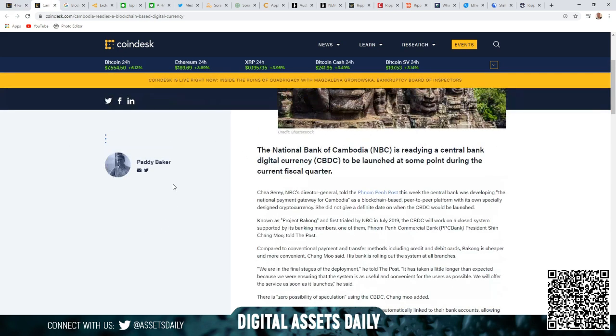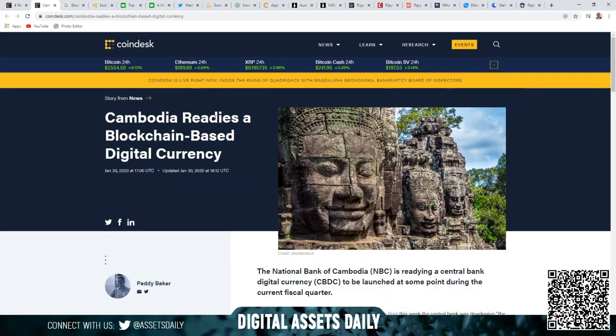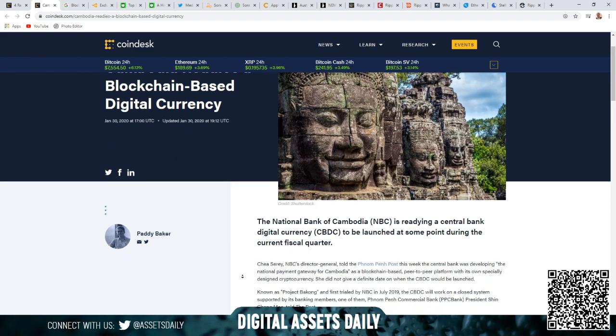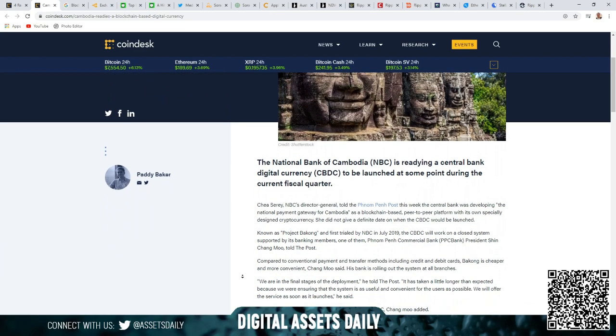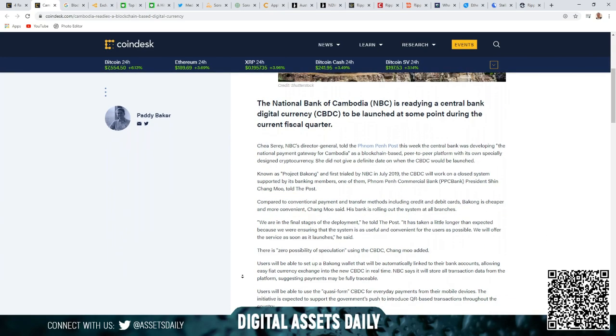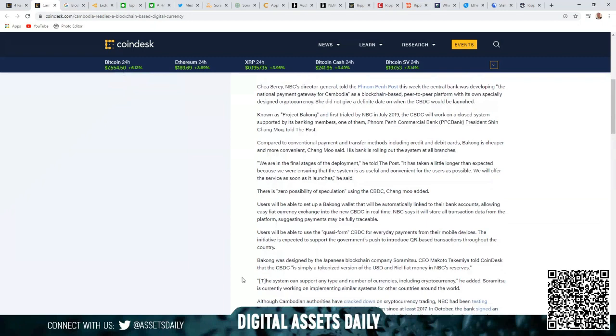And next we're going to go into Cambodia readies a blockchain-based digital currency. The NBC, or National Bank of Cambodia, is readying a central bank digital currency, a CBDC, to be launched at some point during the current fiscal quarter.